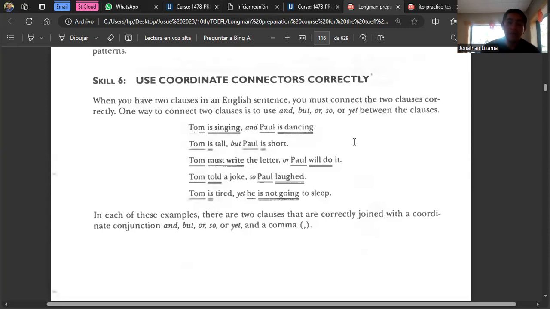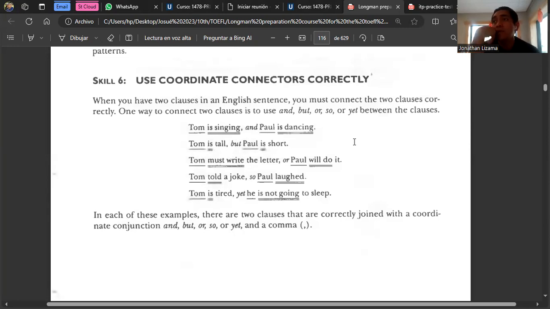This is the first thing that must be drawn in your mind. It's pretty easy: a clause is a sentence. Simple like this, right? If a teacher or someone asks you what a clause is, you must explain that a clause is a sentence.